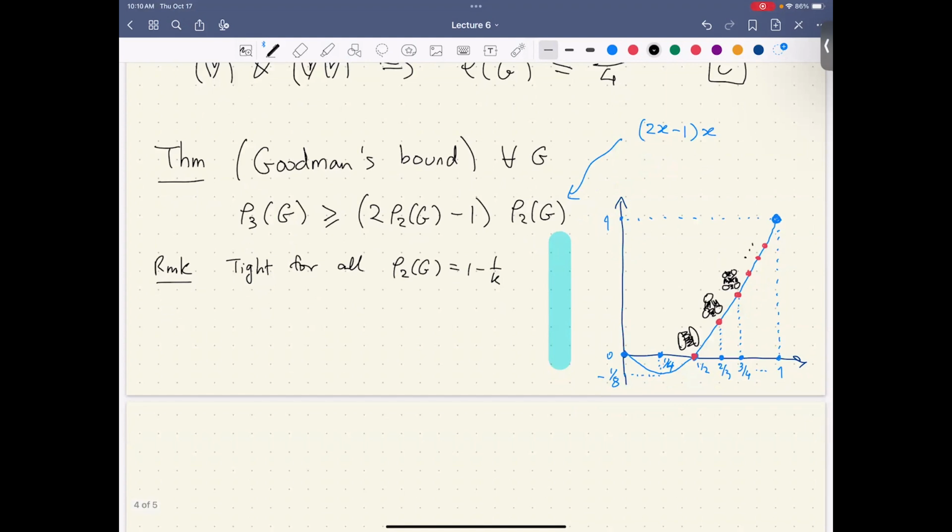Just for the literature, it's tight at all these infinitely many points, 1 minus 1 over k, but at the other points, it's not tight. It's known that the best possible bound is piecewise concave, which looks like this.